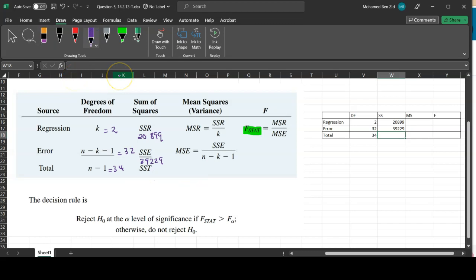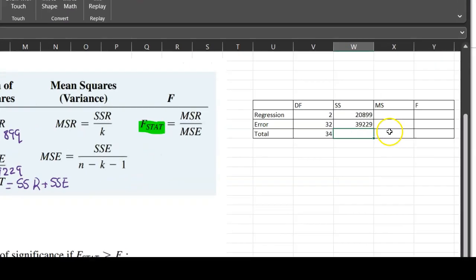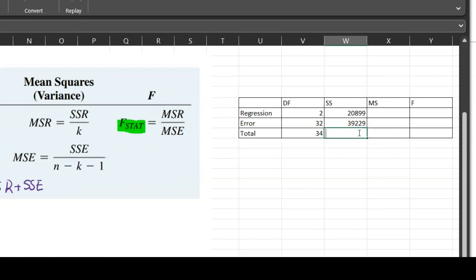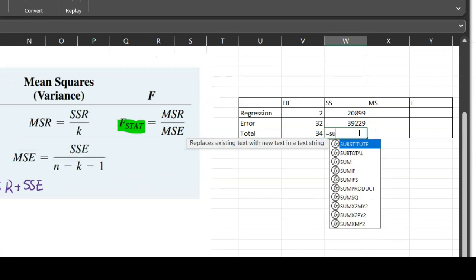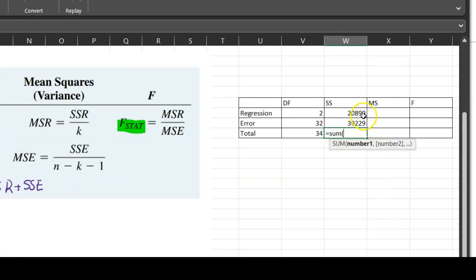The formula here: the SST is the SSR plus the SSE. In other words, I'm adding these two numbers vertically. So it's equal sign, sum, open a parenthesis, select these two numbers and enter. It's 60,128.